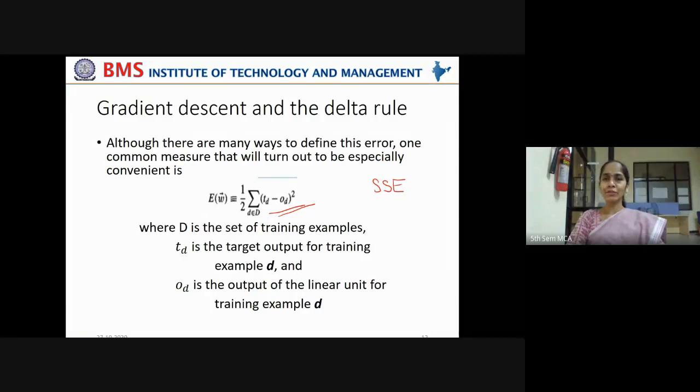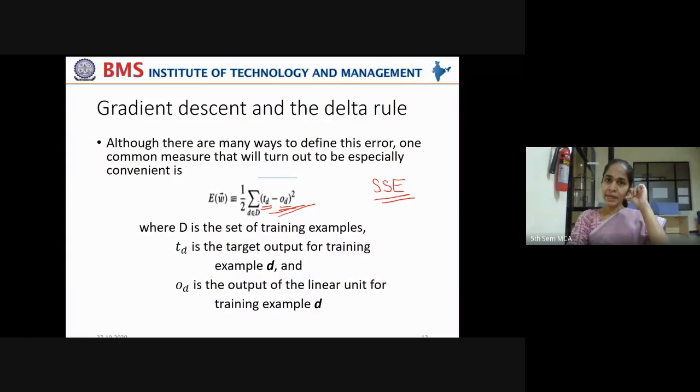There are many ways to define how the prediction error can be calculated, but the most common measure that you take is SSE, sum squared error. What is the error? The difference between the target label of the training example and the prediction made, squared, and for every training example, summed up.